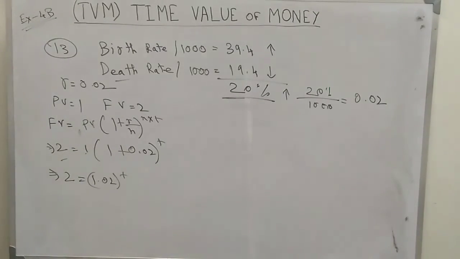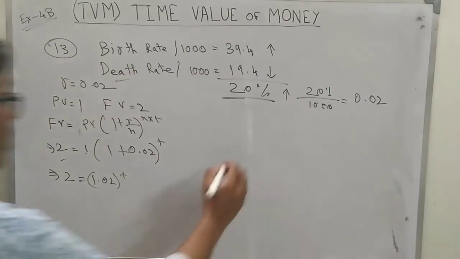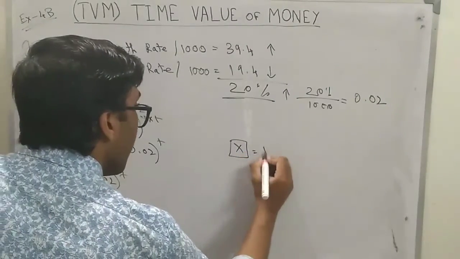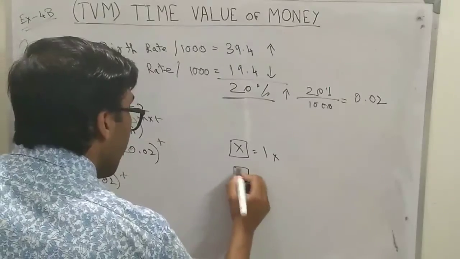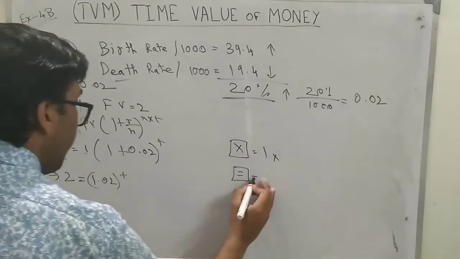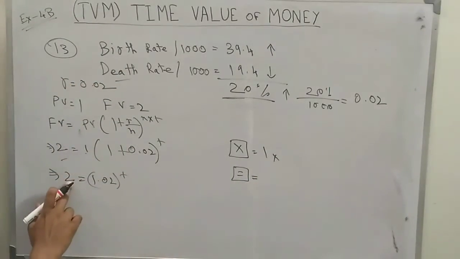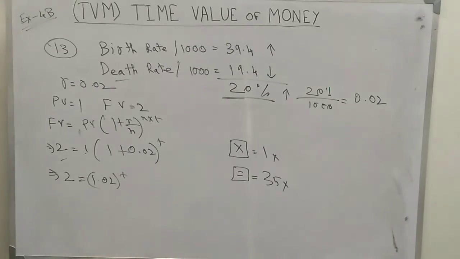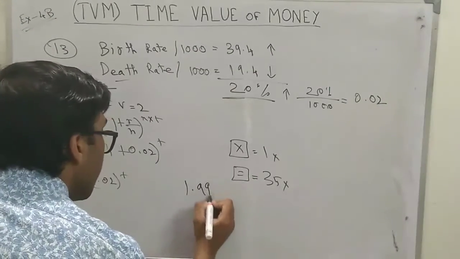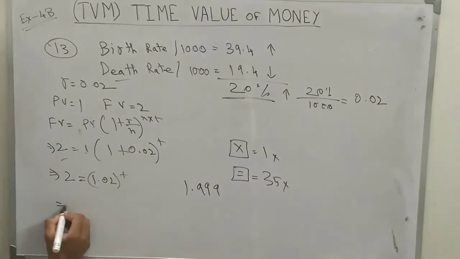For that, enter 1.02 in your calculator, press the multiply symbol once, and keep pressing the equal symbol until 2 appears. The value comes to 1.999, which is closer to 2.